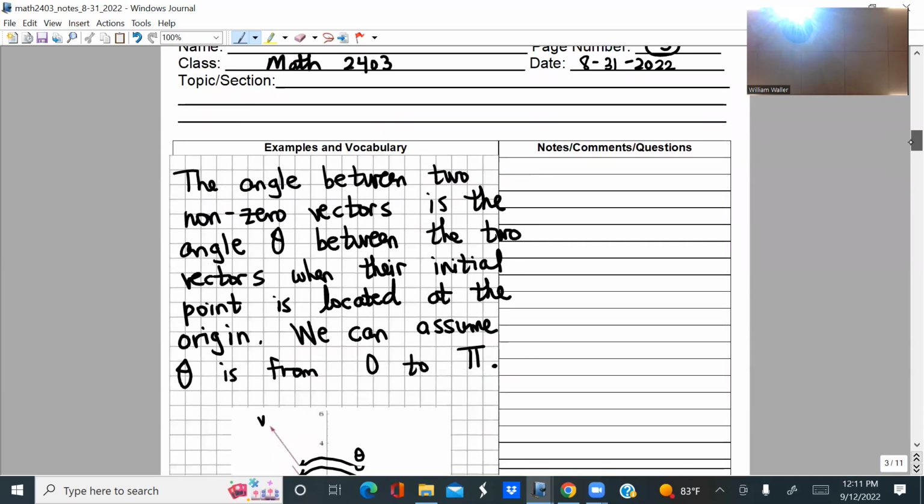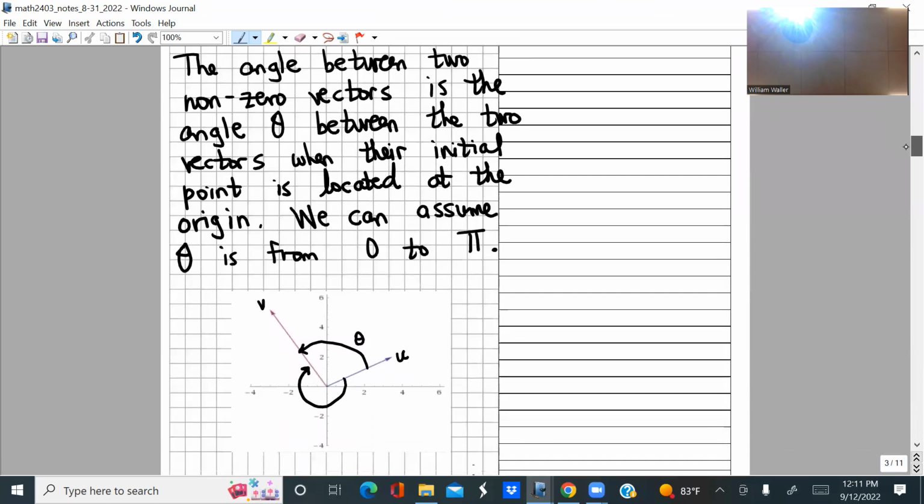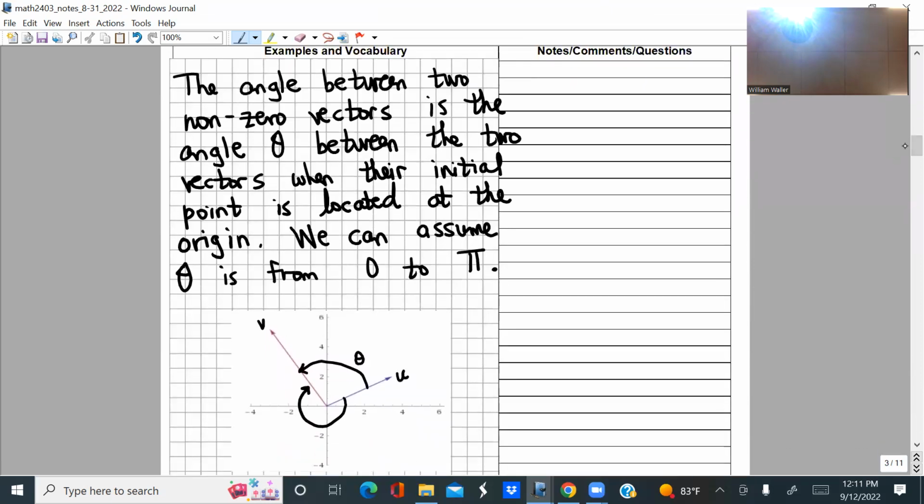Now, what are dot products good for? Oh, all sorts of things, but here's the first thing. It's going to give us a really fast way of computing the angle between two vectors. If you have two vectors in component form, then they would both be located so that their initial point is at the origin.